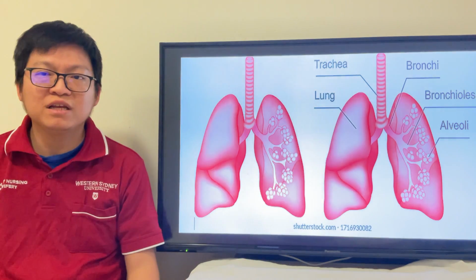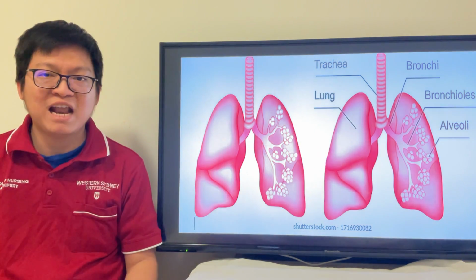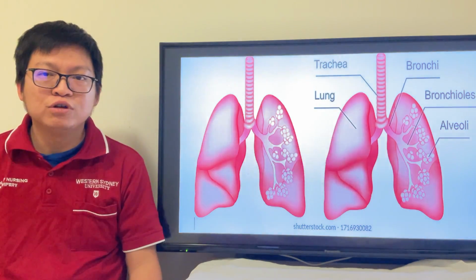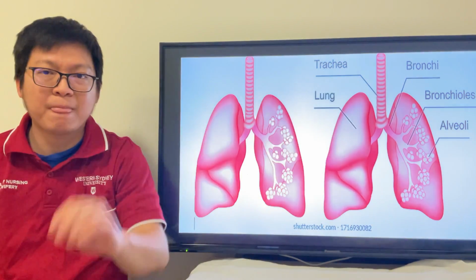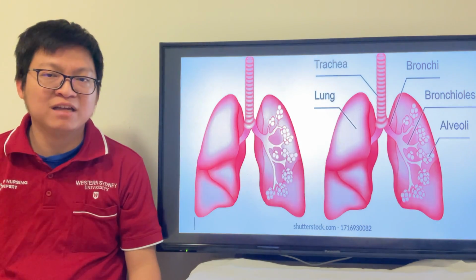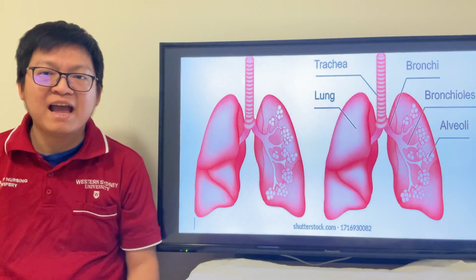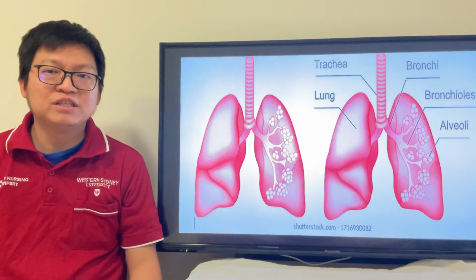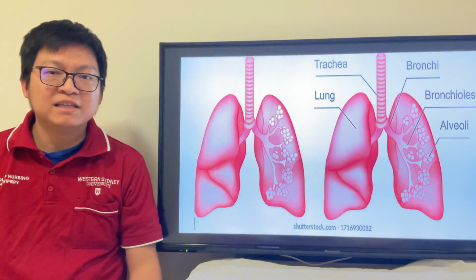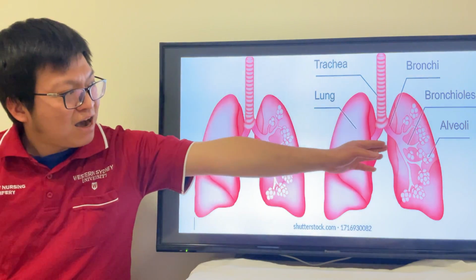When the bronchi pass through the lungs, they divide into smaller airways called bronchioles. Each bronchiole has small air sacs full of air at the end, just like small balloons. These are called alveoli.